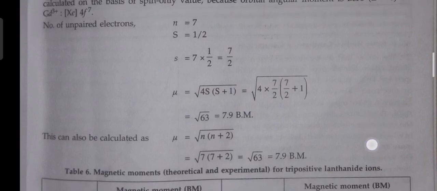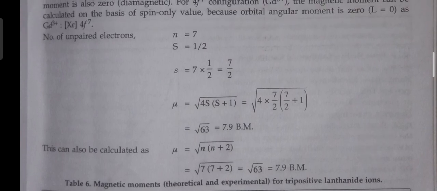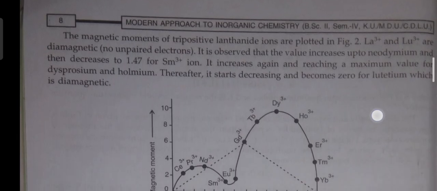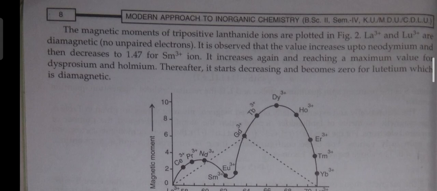This can also be calculated as mu equals under root n(n+2), that is 7 into 7 plus 2, equals under root 63, equals 7.9 Bohr magneton. Among the magnetic moments of tripositive lanthanide ions, La3+ and Lu3+ are diamagnetic, with no unpaired electron.